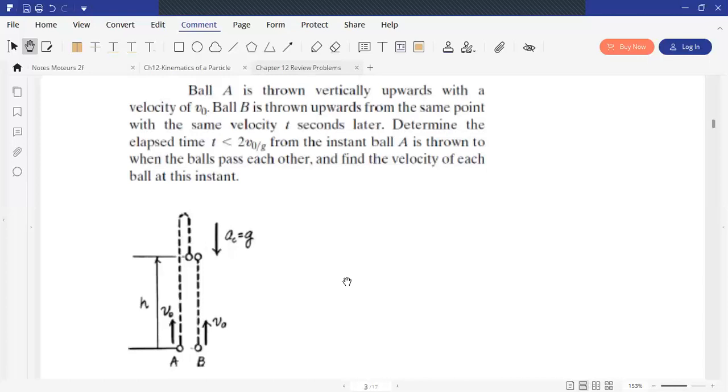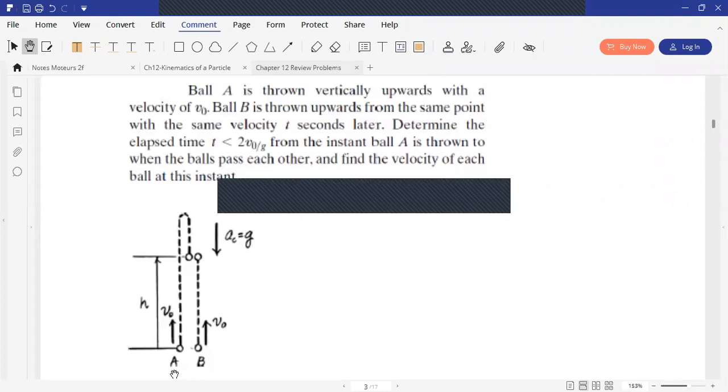Okay, so here in this problem we have two particles, and these two particles are launched from the same position but at different timing. First A will move upward, and after t seconds B will move at the same initial velocity v0.